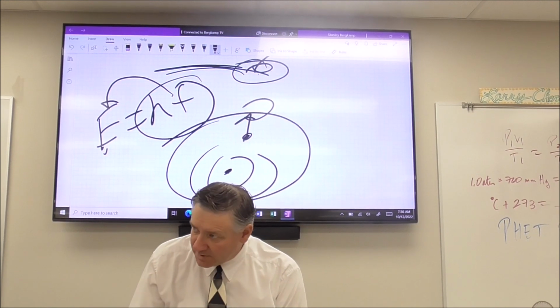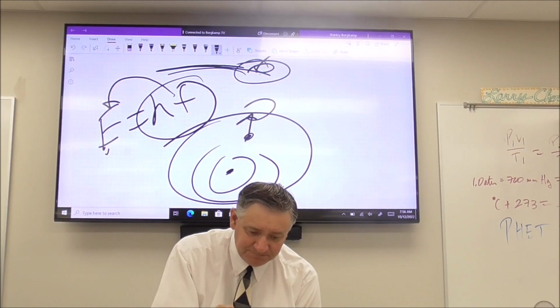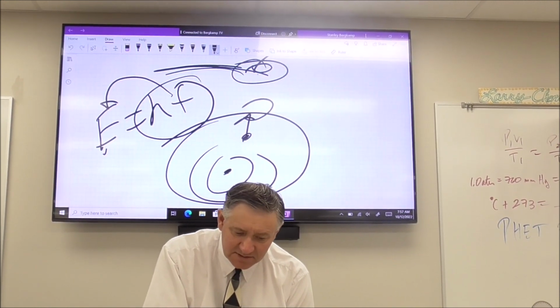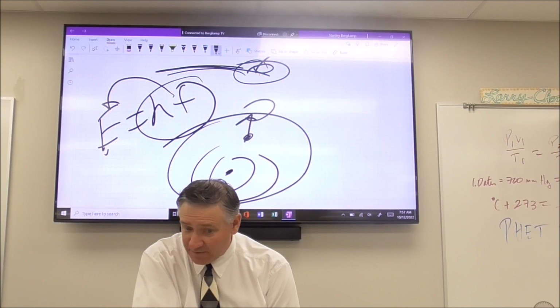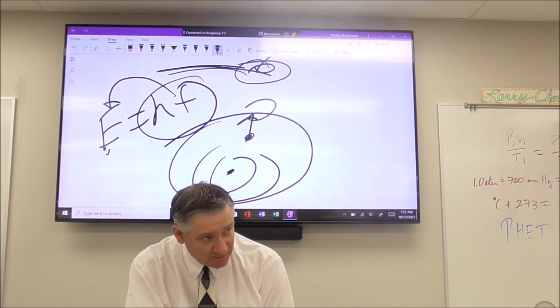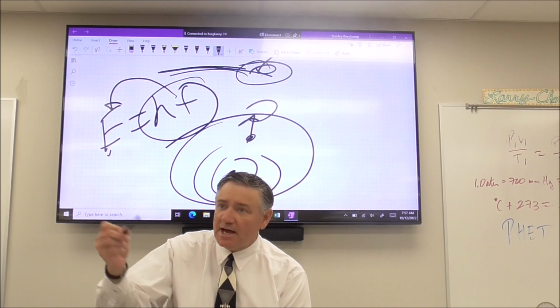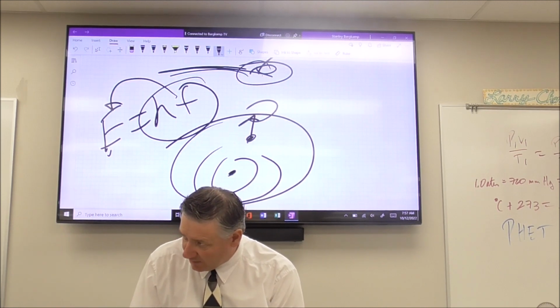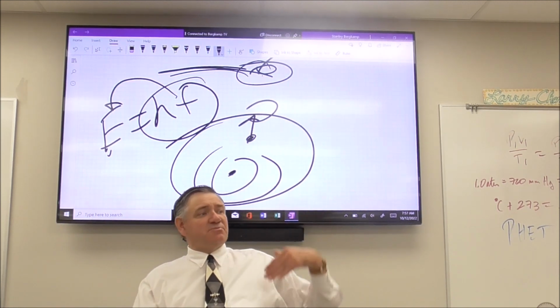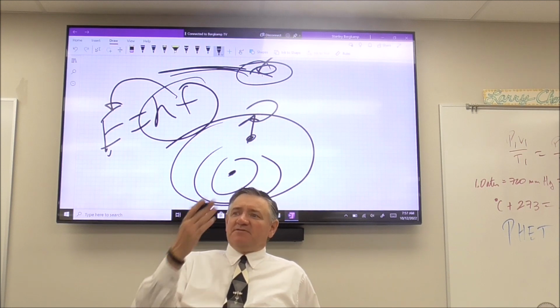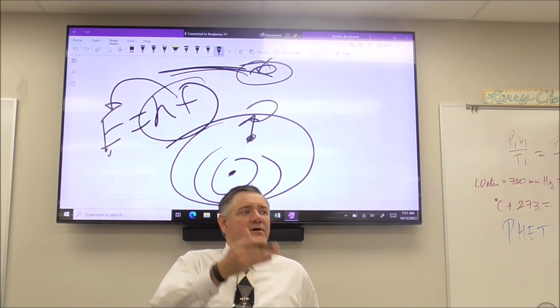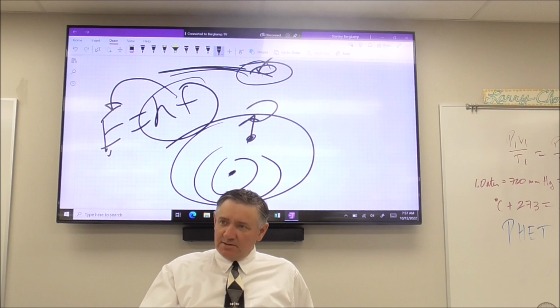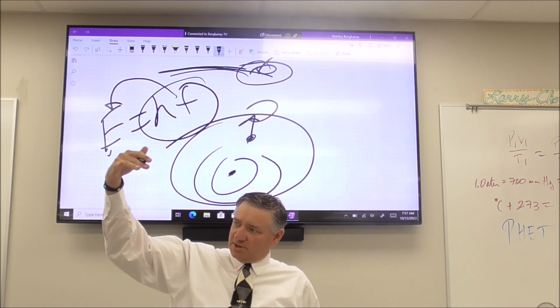Then you're basically working your way down. B has a slightly longer wavelength. C has an even longer wavelength. D has the longest wavelength of all of them. So basically at this point you're going, wow, do you understand that a shorter wavelength requires more energy, and therefore that's a bigger jump?